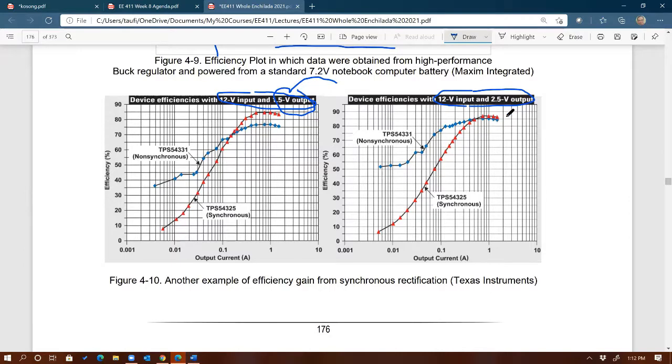At the higher voltage, you can see it's not much, right? The synchronous can only give us better efficiency at larger current, and only that much range. But when you lower the output voltage from 2.5 to 1.5, you can see the benefit gets bigger in terms of the range. Imagine if they did another experiment with 1 volt output, 0.5 output. That's something that you'll be doing today in the lab.